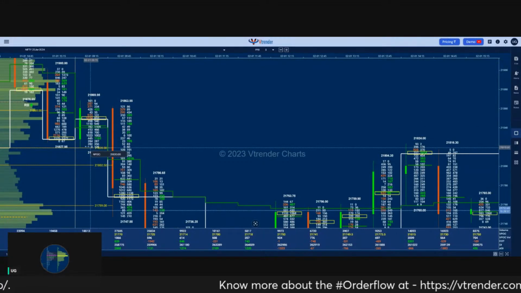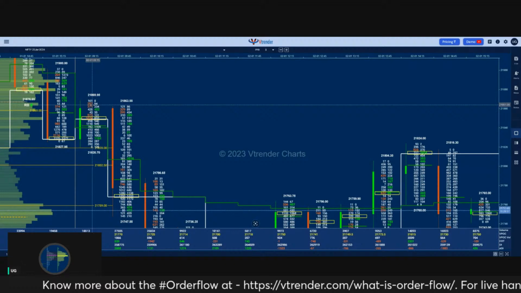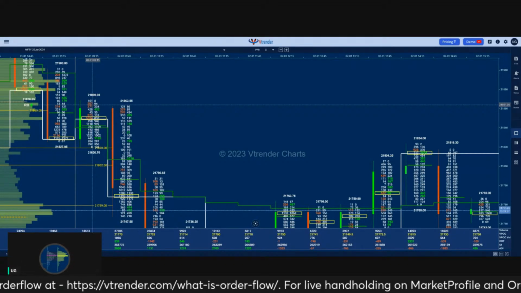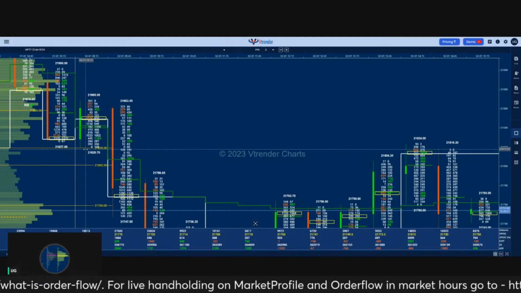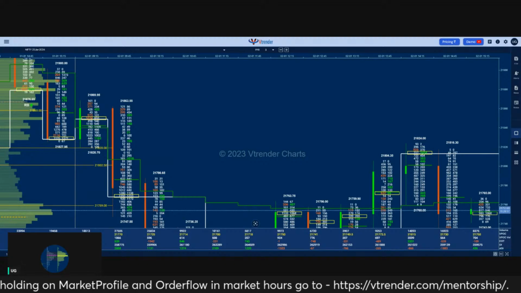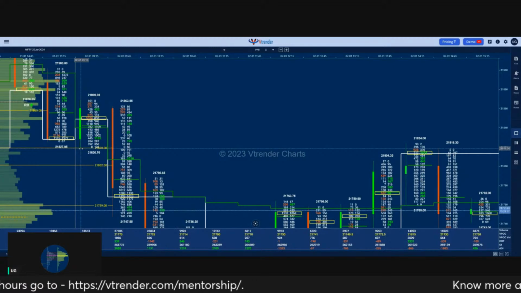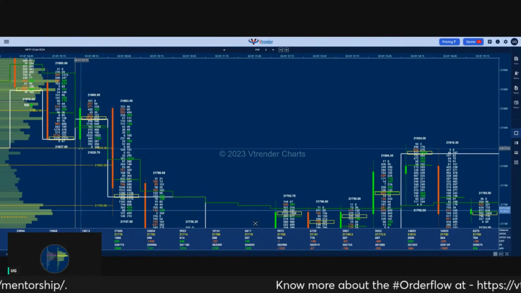Here, this first bar was a very narrow range bar where it was testing the range on both sides. As we mentioned, the 21820 from the previous day, you can see how the lows of the morning were right there. So that was holding up, and that was one reference telling us there is some demand left.